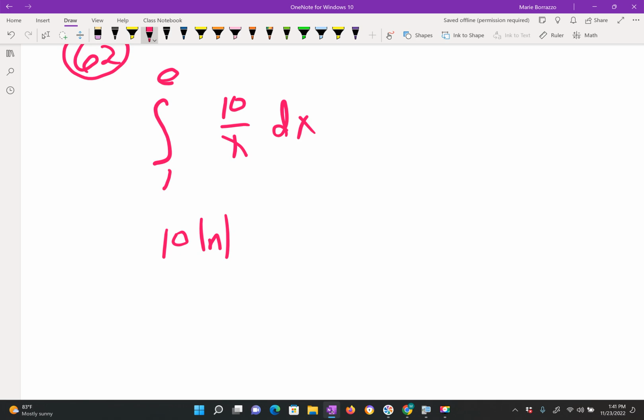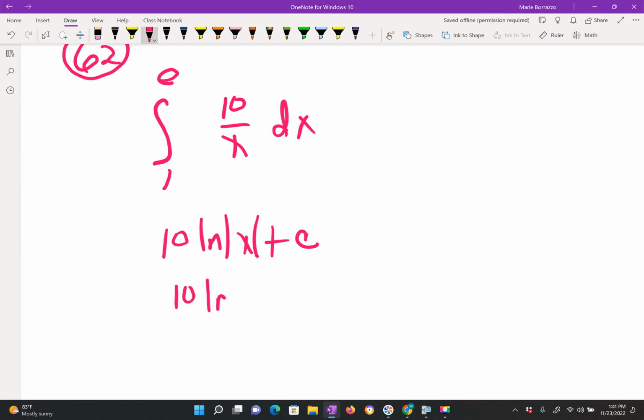And if x in this case happens to be, I believe it's 10 or 1, so you end up with 10 times the natural log of the absolute value of x plus c, and you're substituting in the two extreme values.